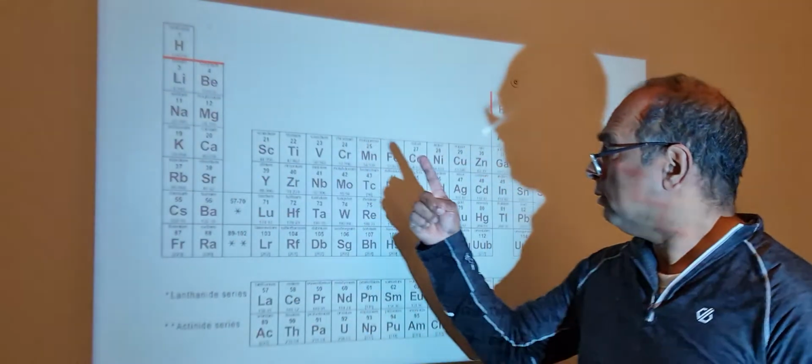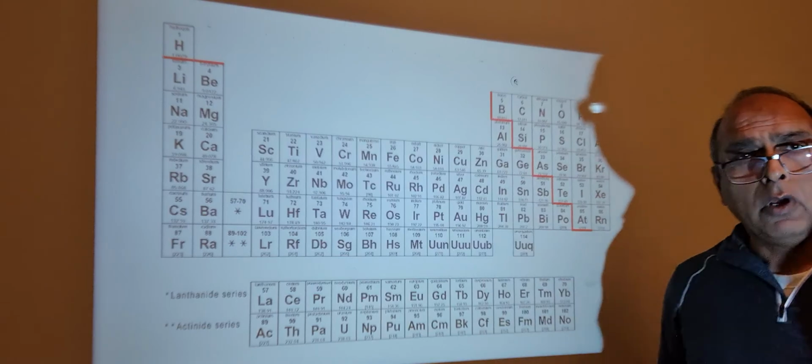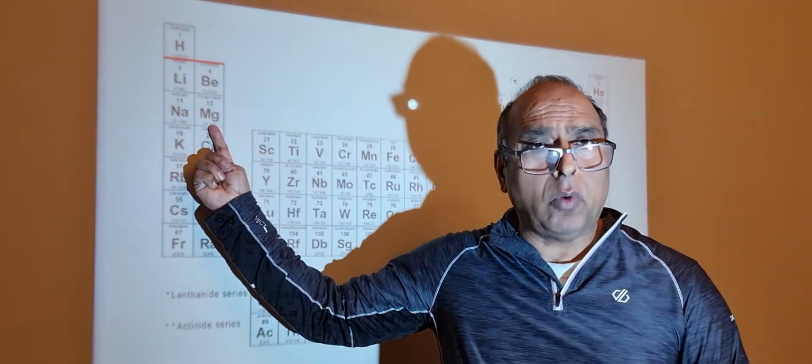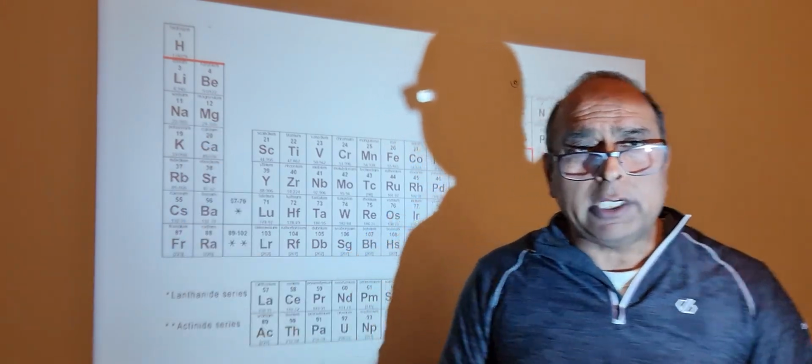The number of protons identifies for you what material that will be. 6 protons will always be carbon. 12 protons will always be magnesium. 17 protons will always be chlorine. The number of protons will identify for you what element you've got.